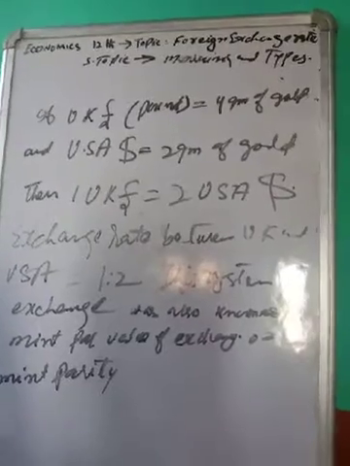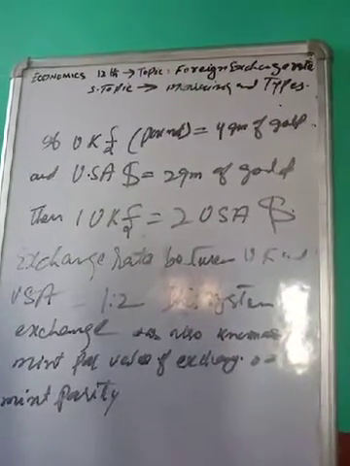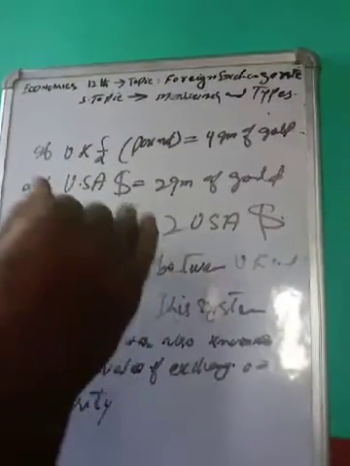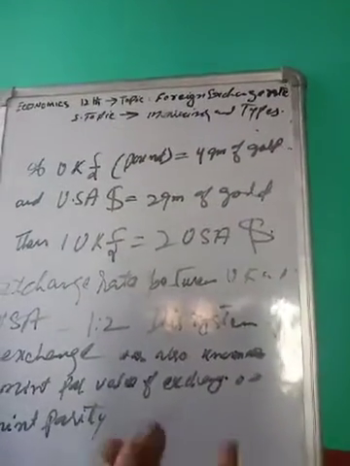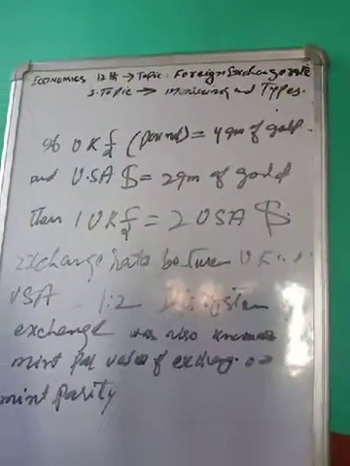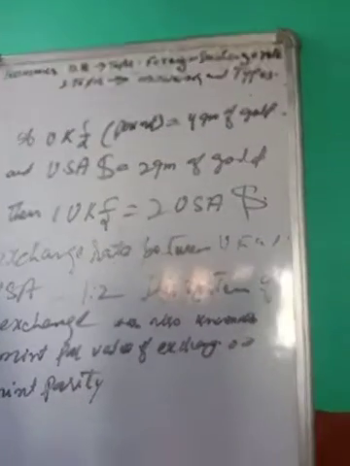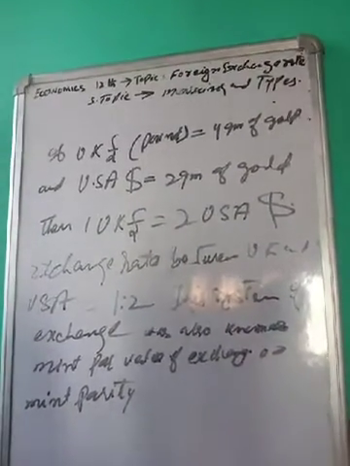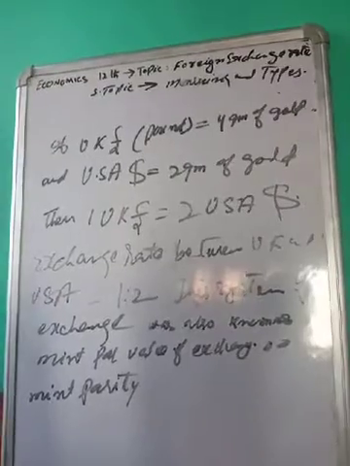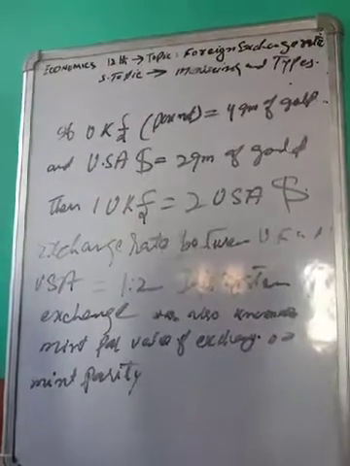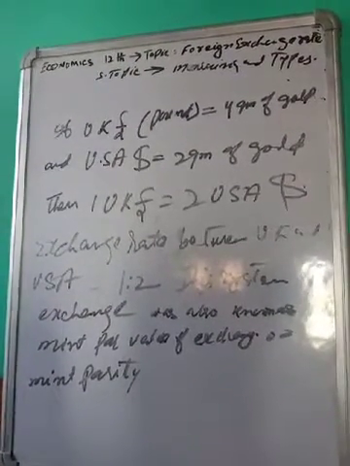So the exchange rate is determined with the value of gold in different countries. Now, if we see in India, $1 is equal to 75 rupees or 70 rupees.